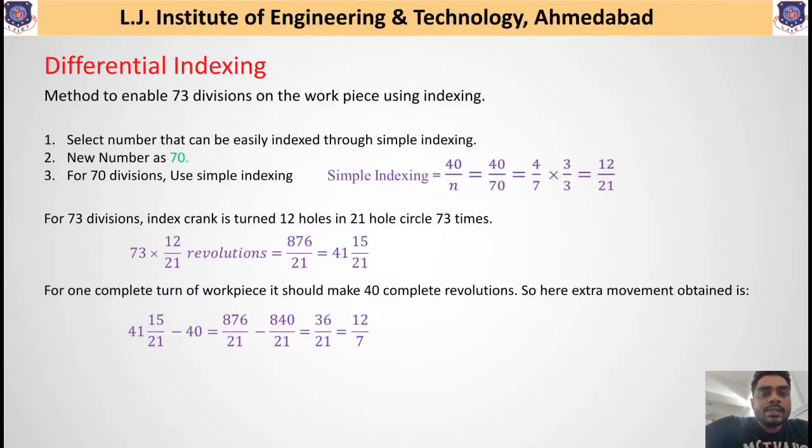If you simply solve this, you will get 36 divided by 21, and try to remove as many factors as possible from this number, and further factorizing this you will get the final answer as 12 divided by 7.